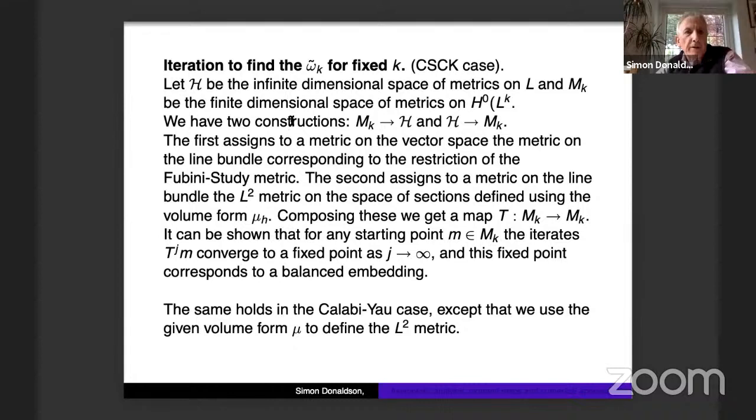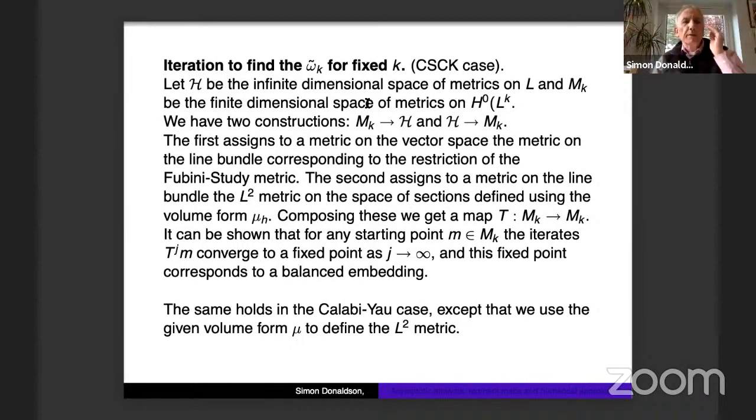To think about that, we have really two kinds of spaces in question. We've got the infinite dimensional space of Hermitian metrics on our line bundle, and the finite dimensional space of metrics on our vector space of sections of the kth power of our line bundle. And all we're doing revolves around the interaction between those two things.